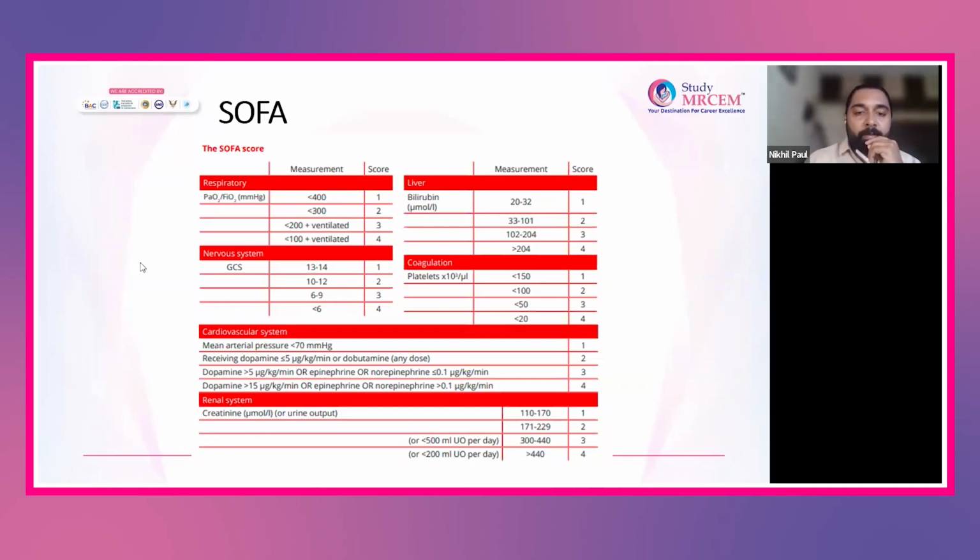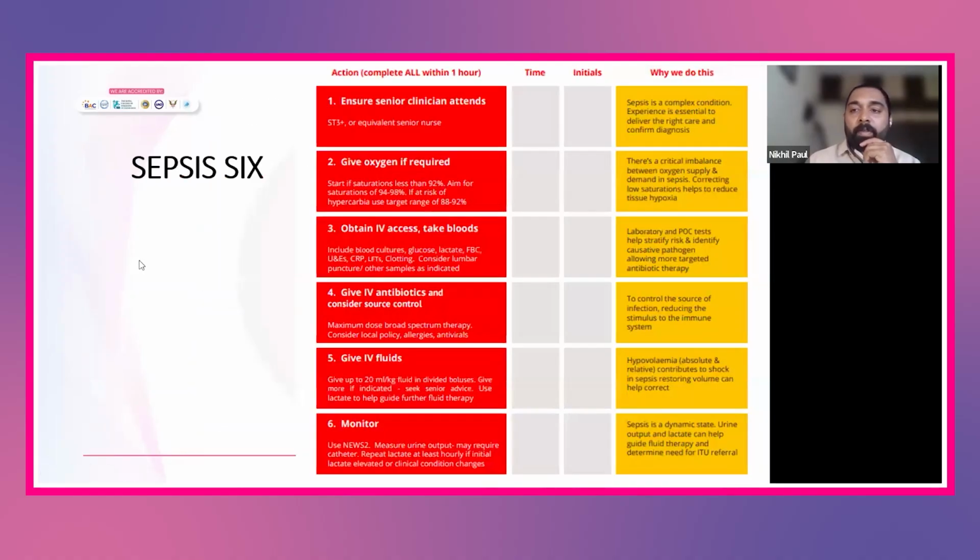Now, we were at the Sepsis-6 bundle. We'll discuss the Sepsis-6 bundle in detail. What are the 3 therapeutic and what are the 3 diagnostic steps? So it's more like take 3 and give 3. What are the 3 things we take and what are the 3 things we give?